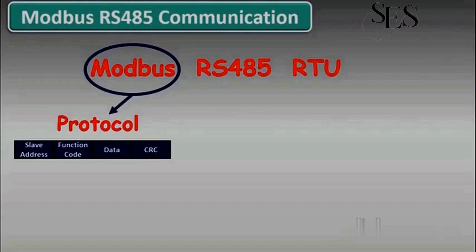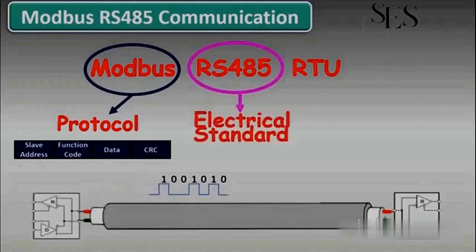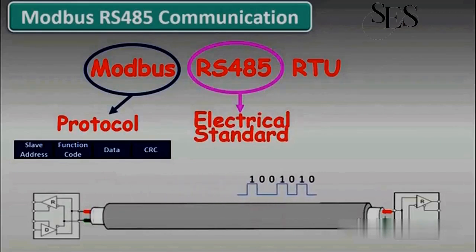Modbus protocol exists in the seven layer of the OSI model, that is in the application layer. Coming to the RS485, it is basically an electrical standard or a physical medium on which Modbus protocol message moves.